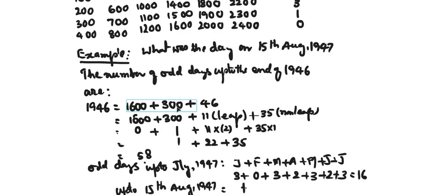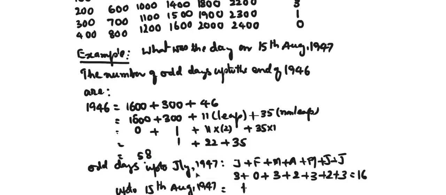In 300 years we have only one odd day. For 11 leap years, 11 into 2, 22 odd days. For 35 non-leap years, 35 into 1, 35 odd days. So up to the end of 1946, we have 1 plus 22 plus 35, that is 58 odd days.